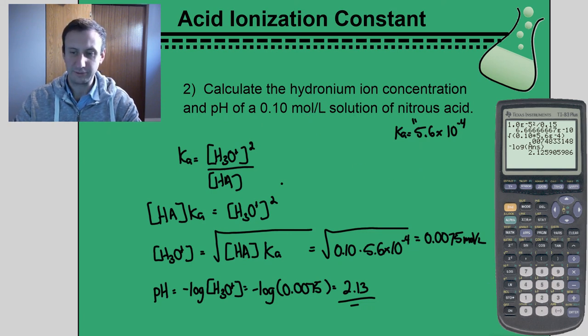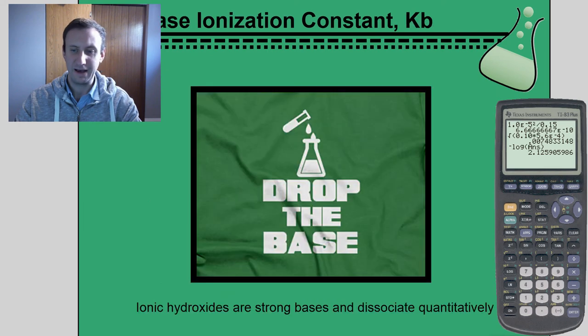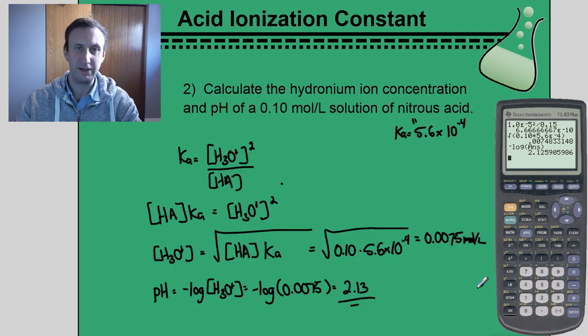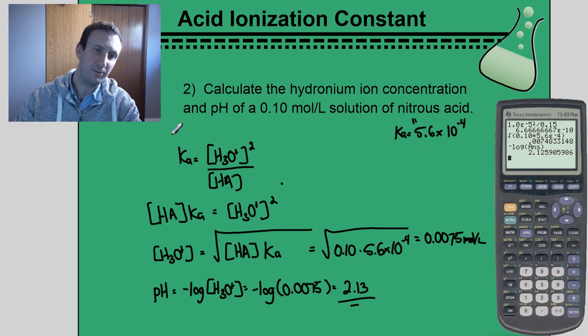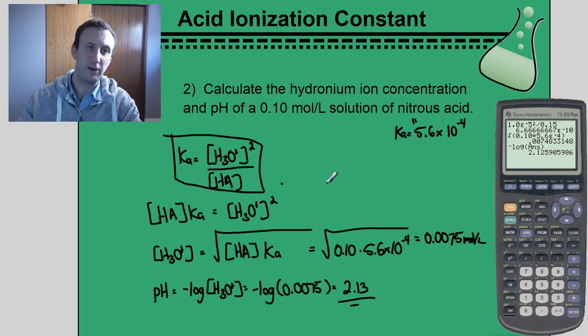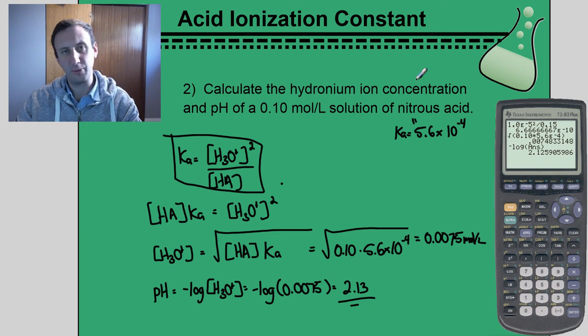All right, so that covers it. We did a Ka calculation, and we did a hydronium and a pH calculation. It's really quite simple for these weak acids. Using this simplified formula makes things quite a lot easier than if we had to build an ice chart and work it out.